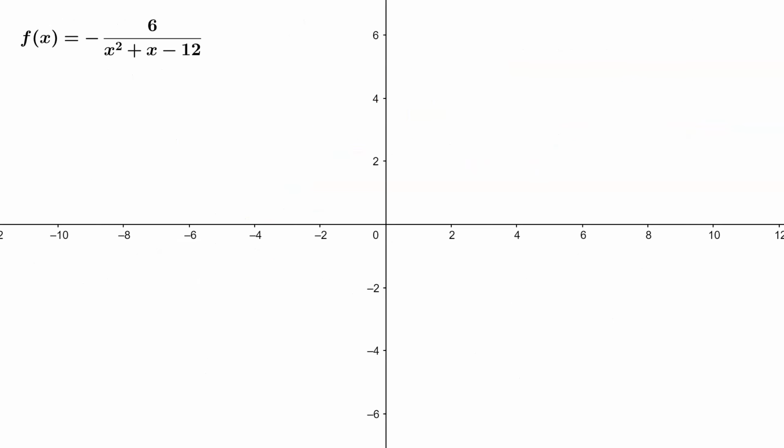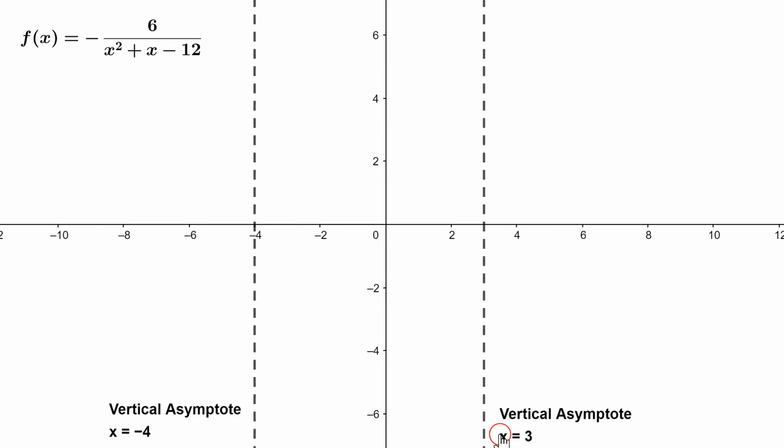The first things we need to graph are the asymptotes. Remember, there was a vertical asymptote when x equals negative 4. So I have a vertical dotted line when x equals negative 4. The other vertical asymptote was when x equals 3. We also had a horizontal asymptote of y equals 0, otherwise known as the x-axis.